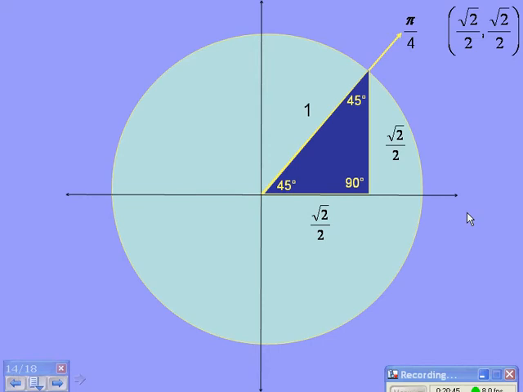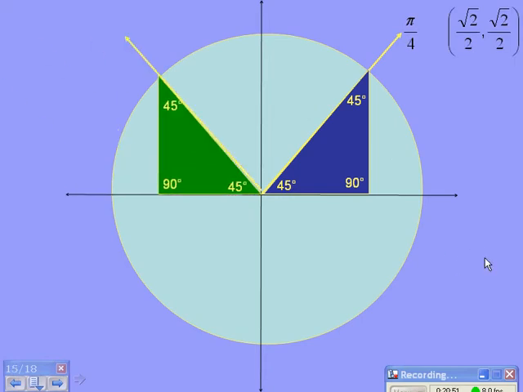So if we do the same thing, we start taking this triangle and we start reflecting it around, what's going to be the angle over in the second quadrant? Okay, the angle's 3 pi over 4, and the ordered pair would be negative root 2 over 2 and positive root 2 over 2 because you're going to the left and then you're going up.